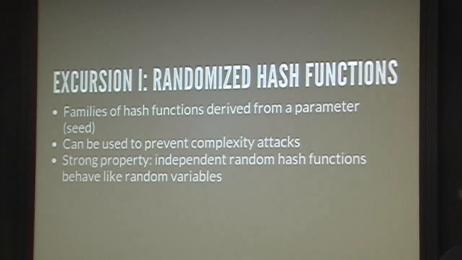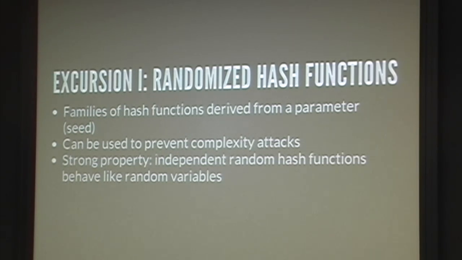So a bit of background, some building blocks for the modern algorithms. There are so-called randomized hash functions, which are basically families of hash functions that contain some parameters, some initial seed. And they're useful to know because they can be used to prevent the mentioned complexity attacks if I keep the seed secret.